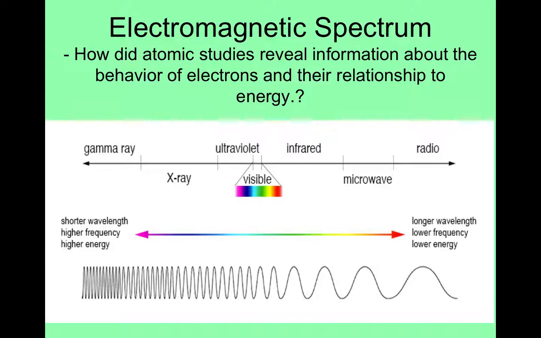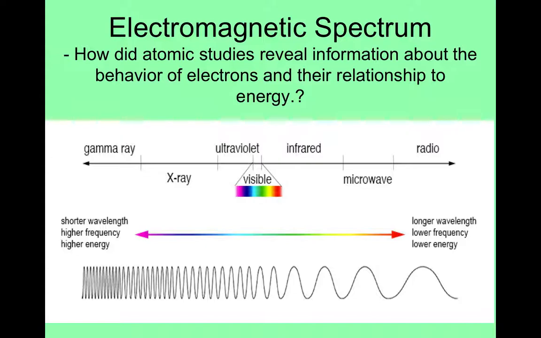Now, there's different properties that waves can display. They have wavelength, frequency, and energies associated with that. And you can see then at the very bottom what the waves actually look like relative to each other. So on the left side, we have lots of up and down waves.